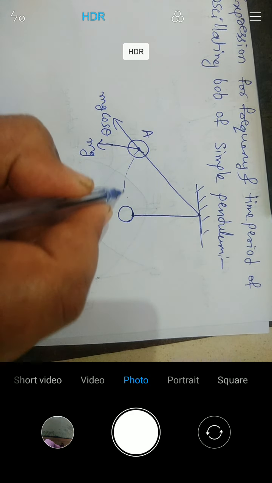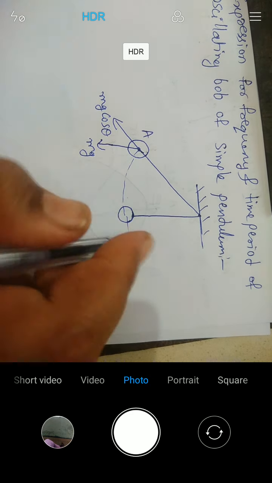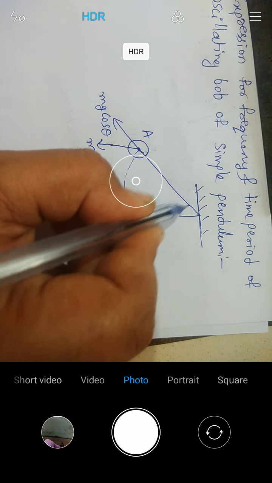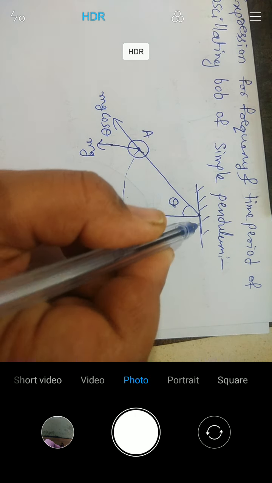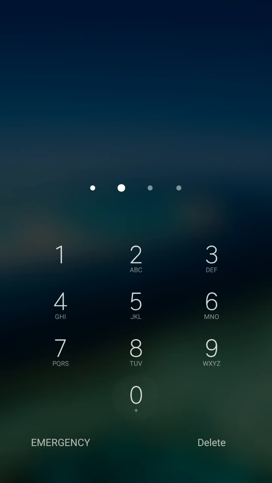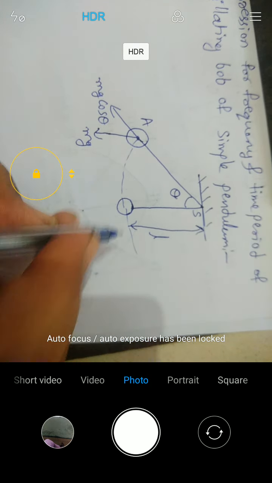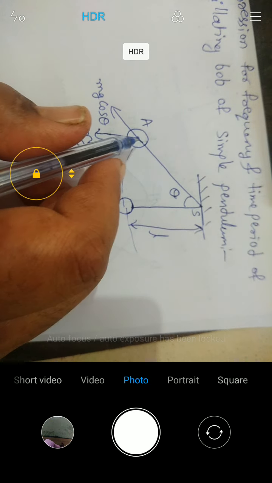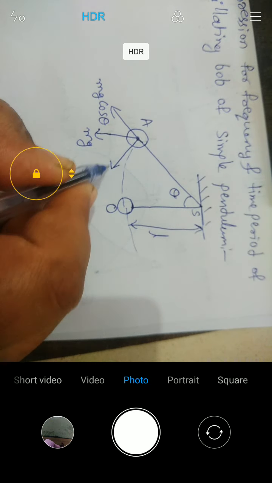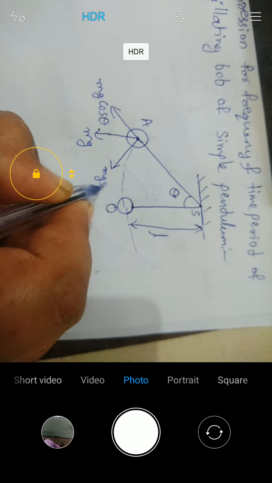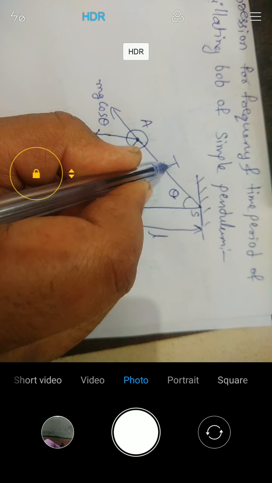In a curved path, it is oscillating. Suppose this is the angle theta, and the length, suppose the length is L, L is the length SO, and at this position the force is mg sin theta, okay, then the tension is acting in this direction.